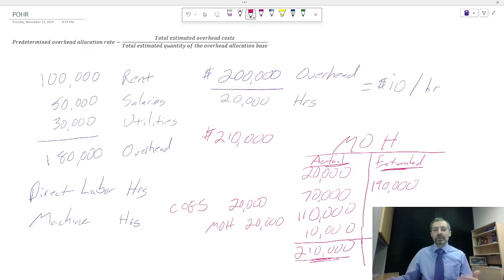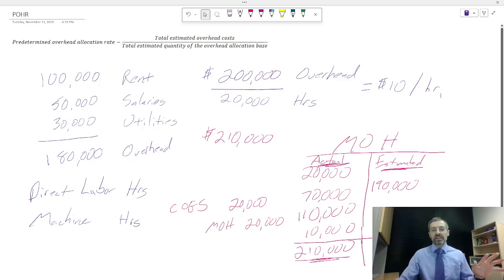And at the end of the year, we compare our actual, which was the debit, to the estimated and find out, did we underapply or did we overapply? And so we debit or credit manufacturing overhead to get that to a zero balance and put the difference in cost of goods sold, whether that's a debit or a credit. So this final entry ensures that our income statement is accurate and that our temporary manufacturing overhead account is zeroed out for the new year.